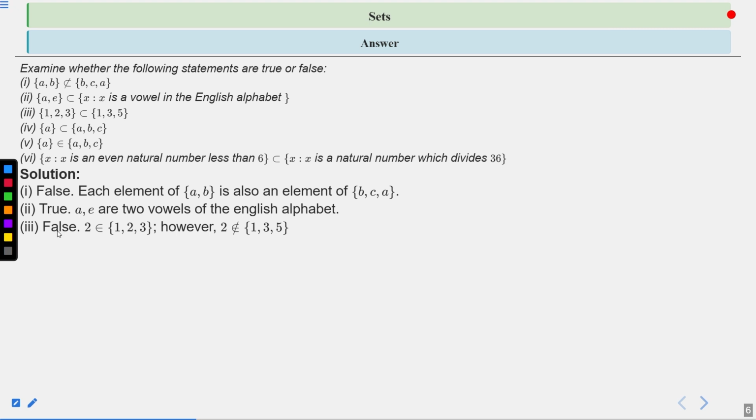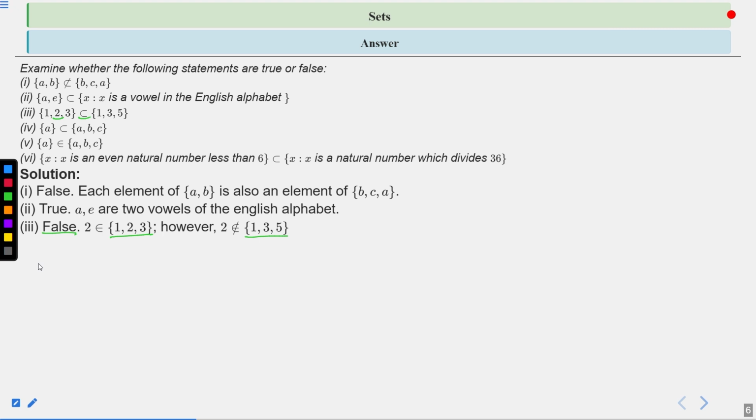Now the third statement is false, meaning it is not a subset while it is given to be a subset. Because 2 belongs to the set with elements 1, 2, 3 while it doesn't belong to the set with elements 1, 3, 5. So by definition, it cannot be a subset. So false statement.